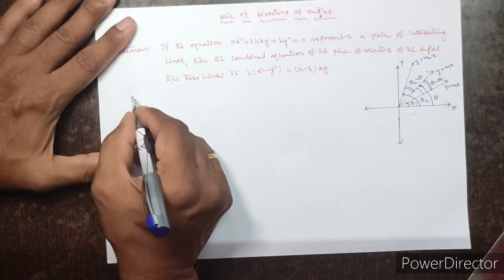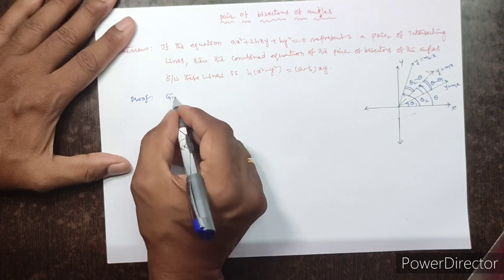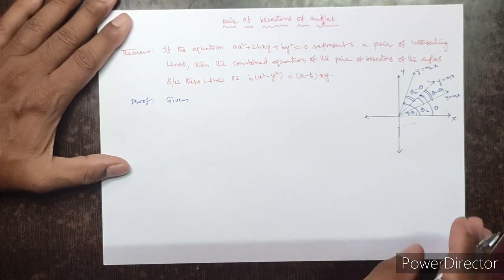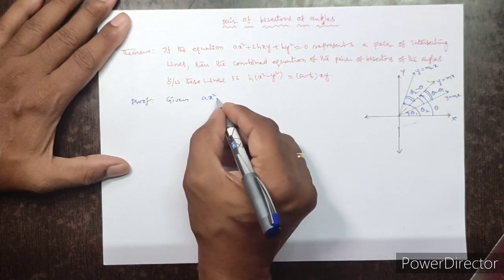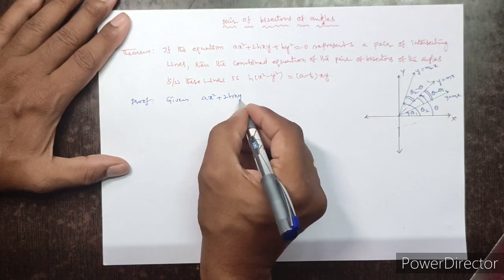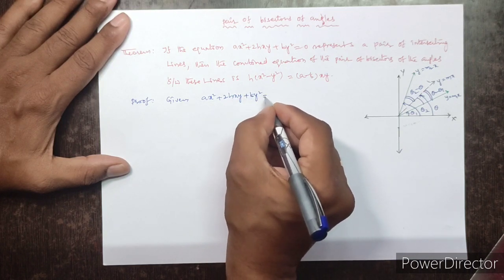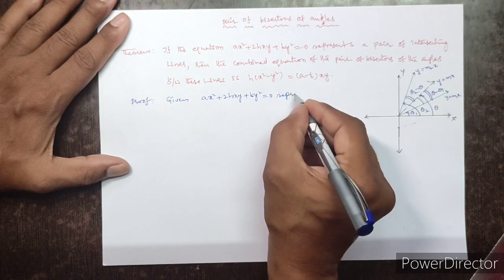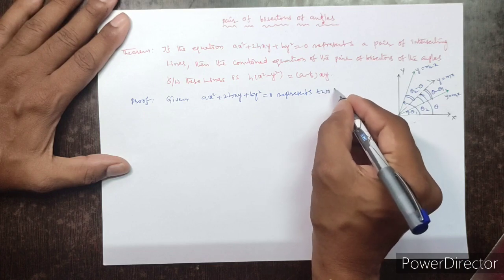Proof, let us see the proof. Given ax square plus 2hxy plus by square equal to 0 represents two lines.